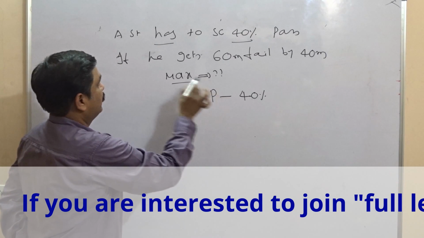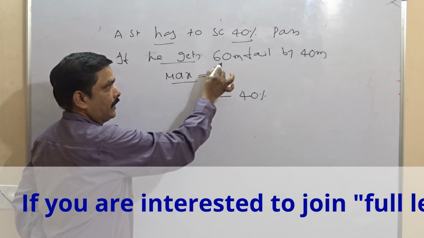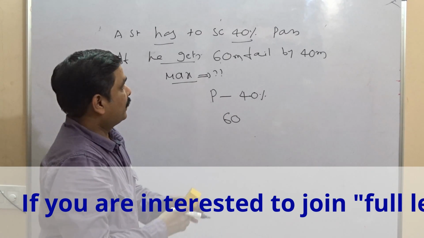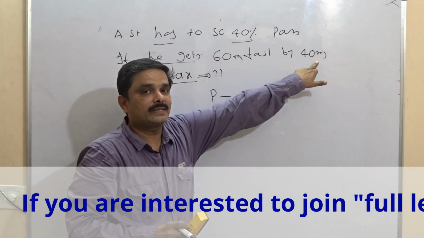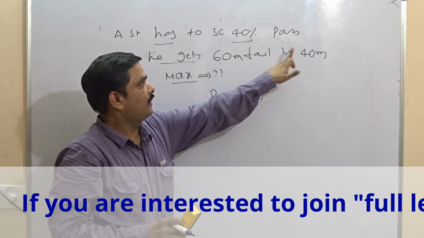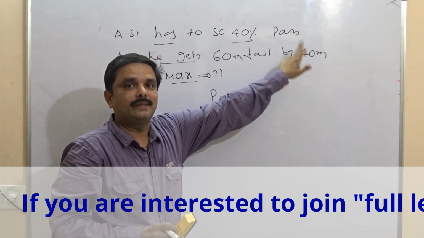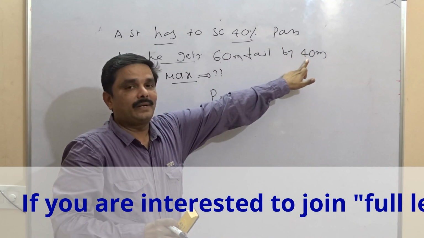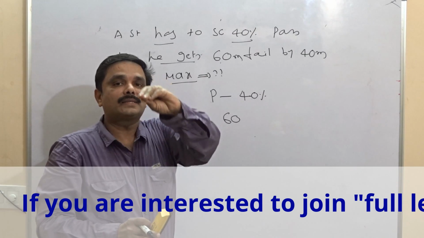Now, the next one is, in fact, he got 60 marks. He got 60 marks but failed by 40 marks. What's the meaning of that? When he gets 60 marks and fails by 40 marks, the meaning is 60 plus 40 should be the pass mark.